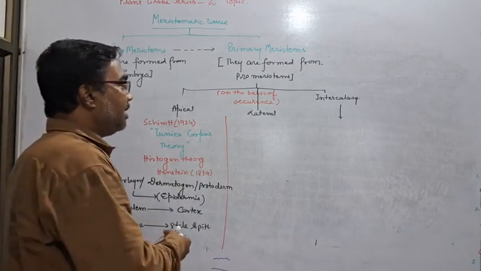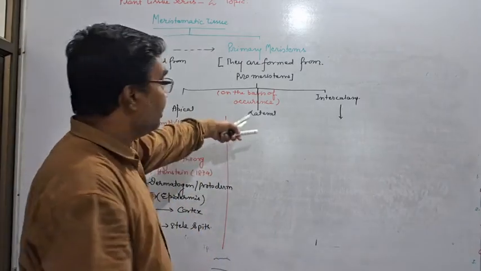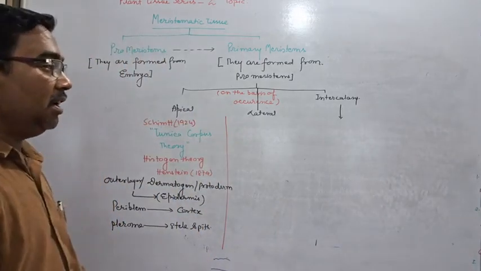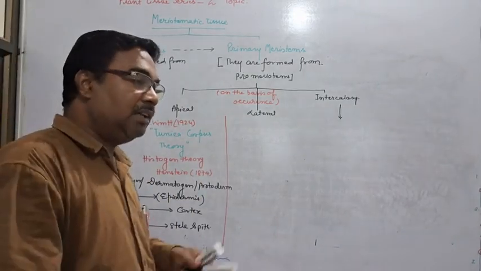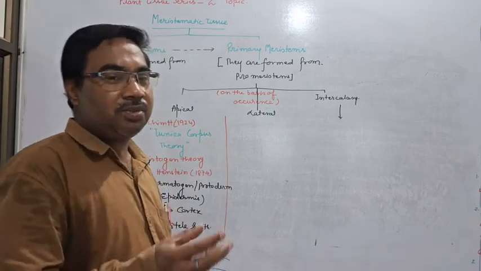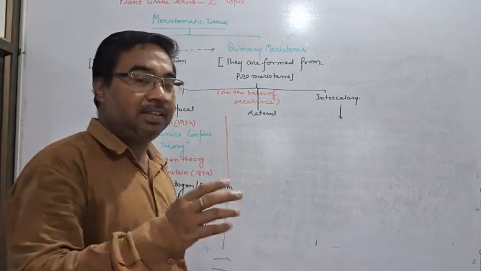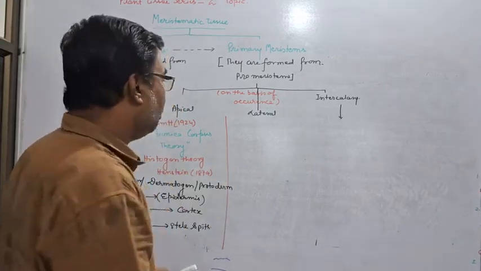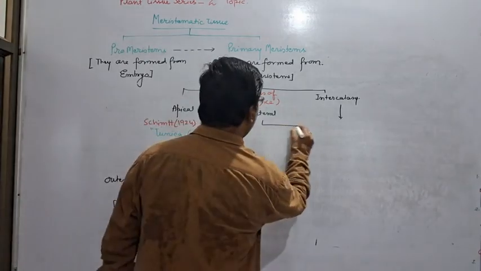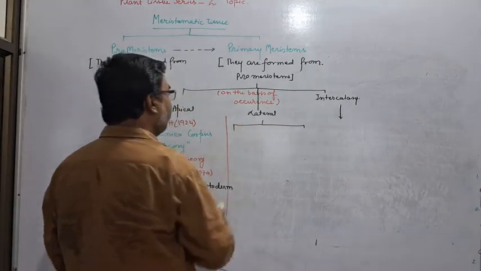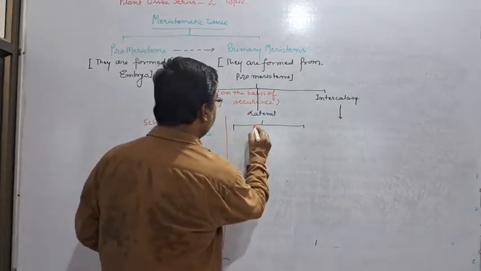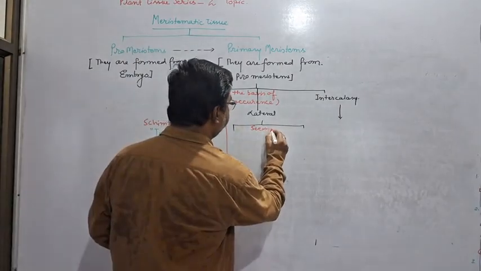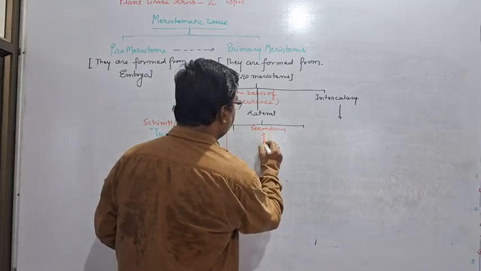Now, lateral meristematic tissue. Here it is important for class 11. Lateral meristematic tissue, I taught you previously in this video, is actually helping in secondary growth. So two types of cambium can take part in secondary growth in lateral meristematic tissue.